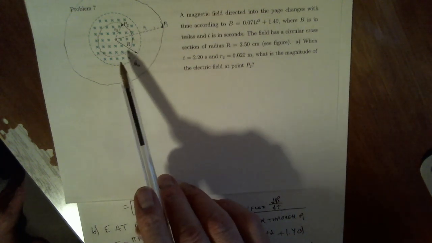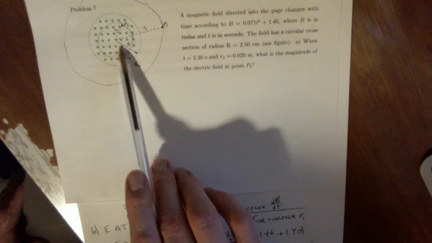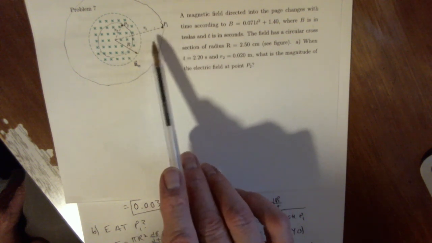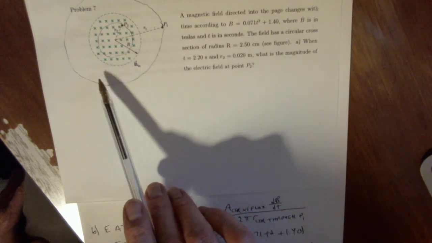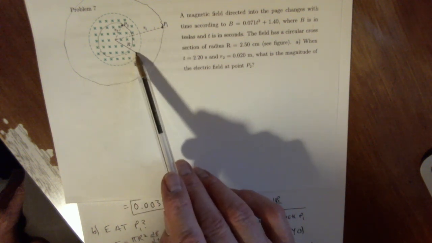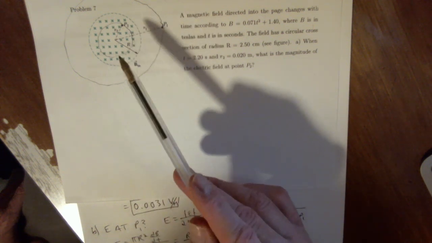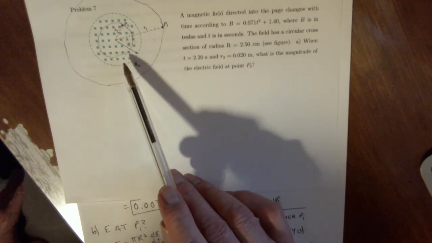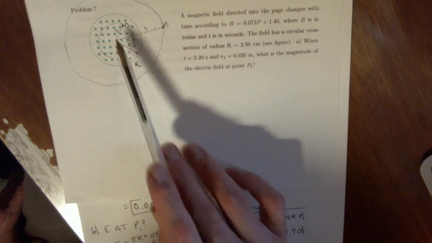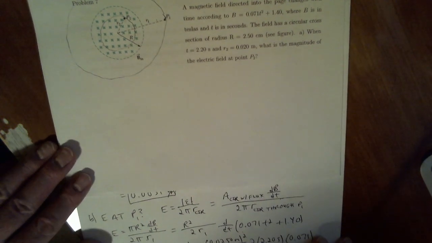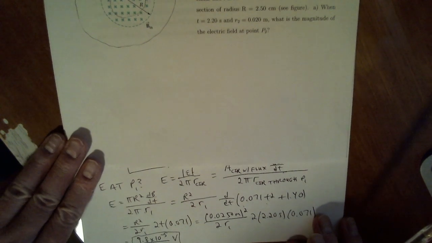And that circle has radius big R, because the larger circle with big radius R1 doesn't contain any B field in part of itself. So the area of the circle with the flux that gives rise to the EMF out here is big R, not R1.